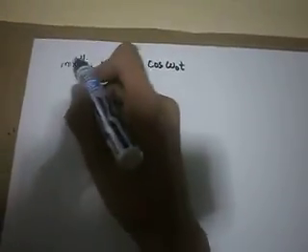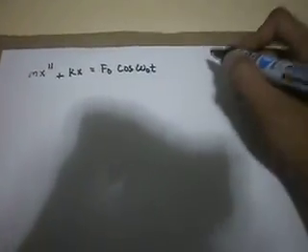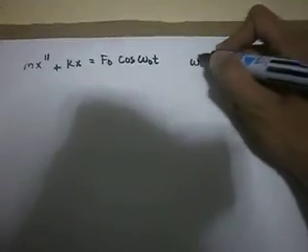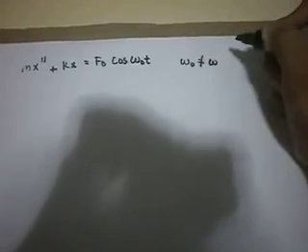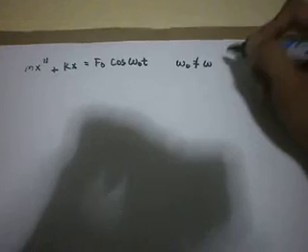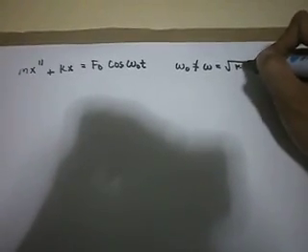We know that x double prime is equal to d squared x, another way of writing the second derivative. And in the problem it is mentioned that omega_0 is not equal to omega, where our omega is just equal to the square root of k over m.